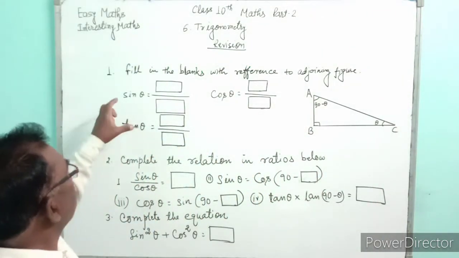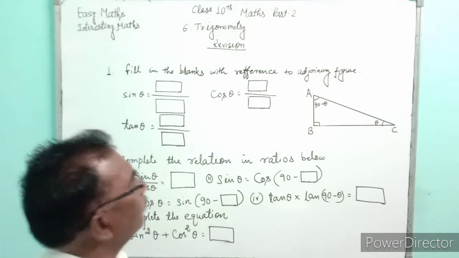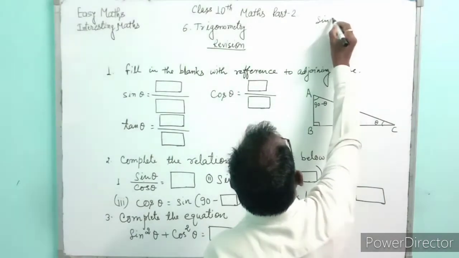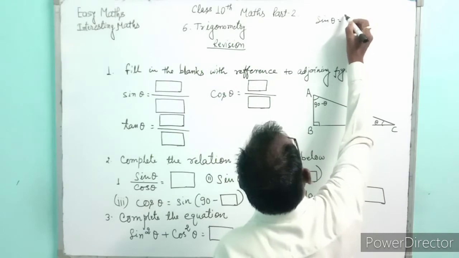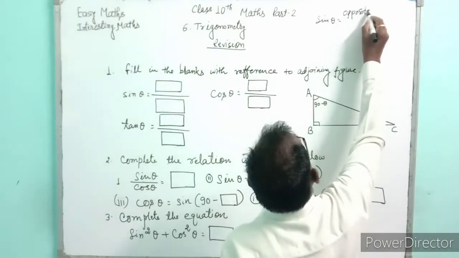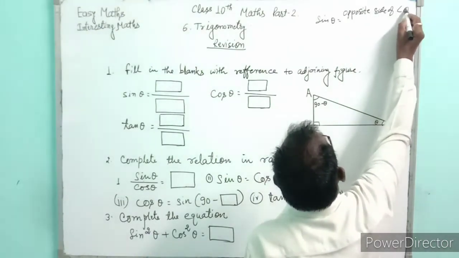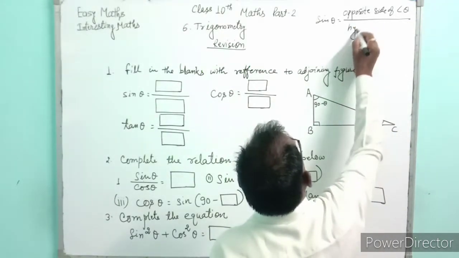Now we find the trigonometric ratio sin theta. Sin theta is equal to the opposite side of angle theta divided by hypotenuse.